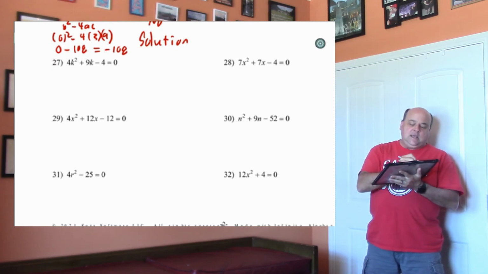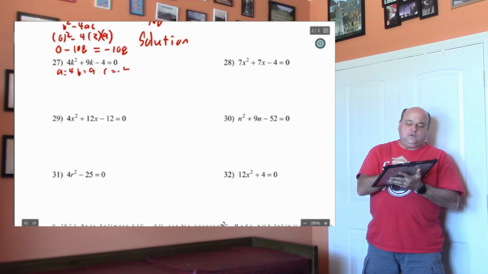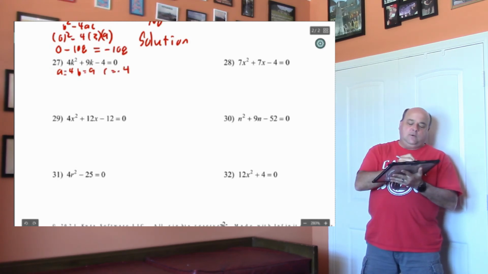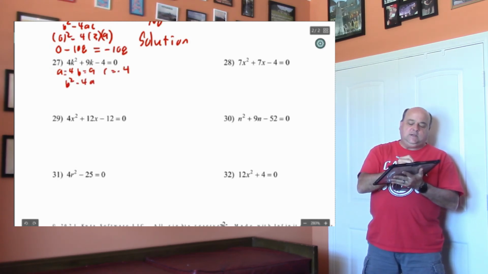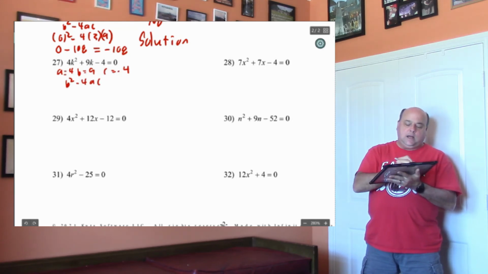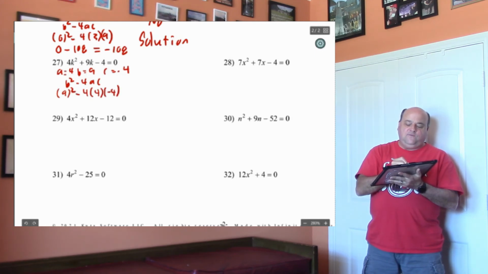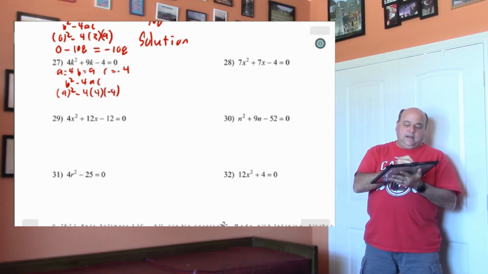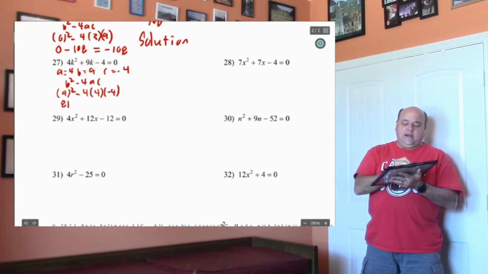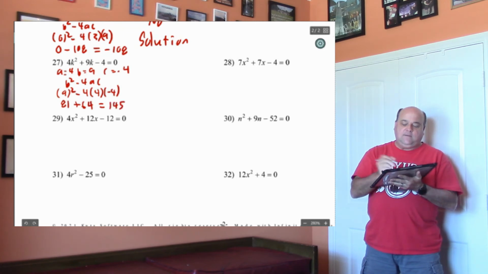Okay, write down A equals 4, B equals 9, C equals negative 4. Then write down B squared minus 4AC, and we're going to get the discriminant, right? So the discriminant's going to be 9 squared minus 4 times negative 4 times 4. I'll get 81. 2 negatives make a positive, and 4 times 4 times 4 is 64. And this is going to add up to 145.